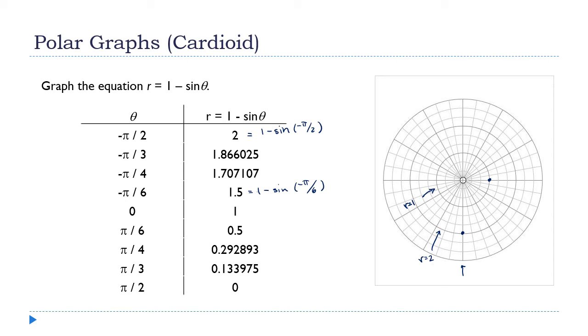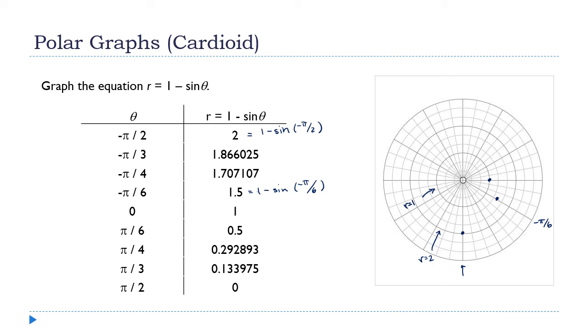Then let's see. Negative pi over 6. That's this line here. And at this point here, it's 1.5. So that's going to be over here. Well, that's interesting. So it's kind of doubling back a little bit there. I'm kind of picking the ones that are easy to graph.